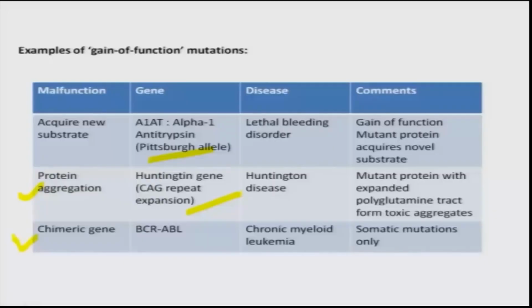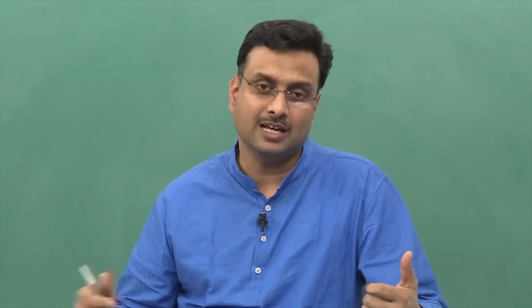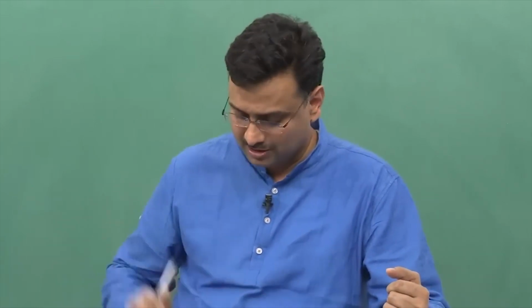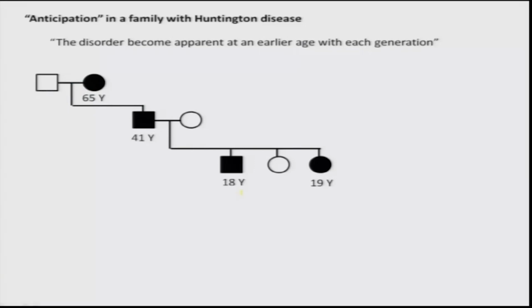As a result, these repeats are present in the coding sequence. The protein also acquires certain novel repeats of certain amino acids, leading to their aggregation in the cell, for example, here in the case of a neuron, and that could be toxic to the neuron. The neuron dies. As a result, the individual develops neurological conditions. The third one we will see a little later.